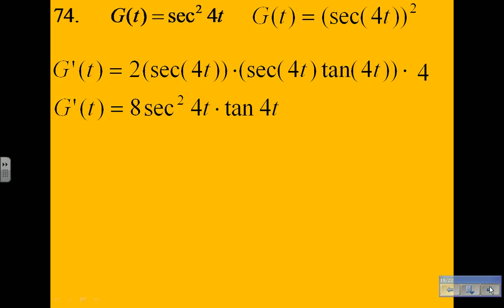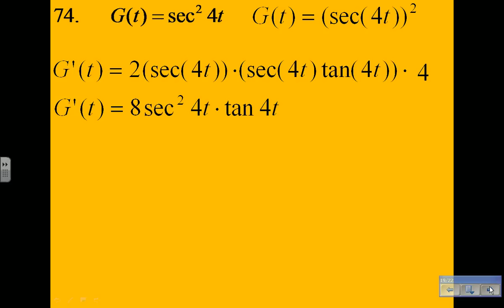All right, ready for the next step? This is great. If you can learn to do this, this is the next step in your college level math. When I take the derivative of the first expression, secant squared of 4t, I can use the fact that I know the derivative of secant squared 4t is all of this.